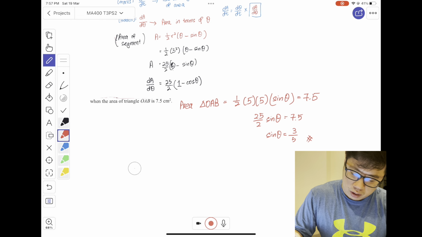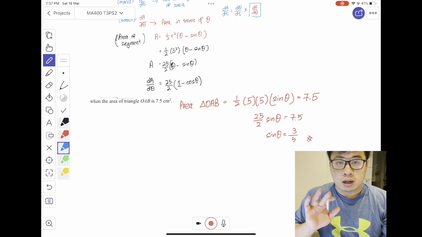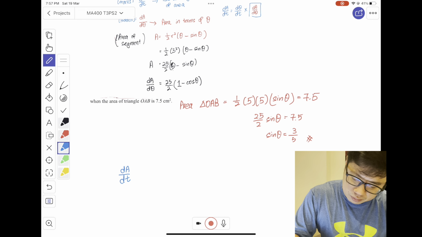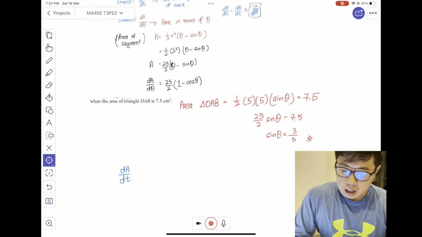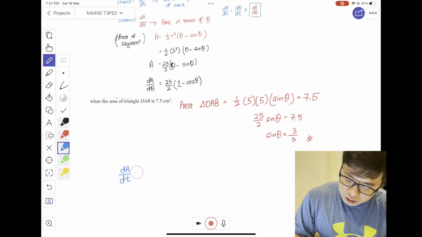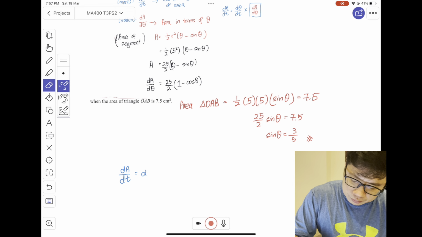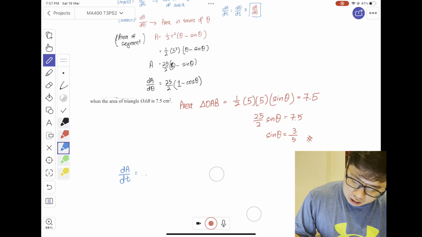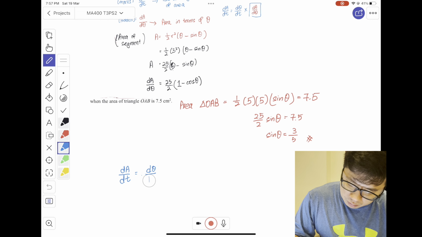Now with sine theta, how do we obtain the derivative? Let's form the rate of change equation. So dA/dt will be d theta/dt multiplied by dA/d theta.